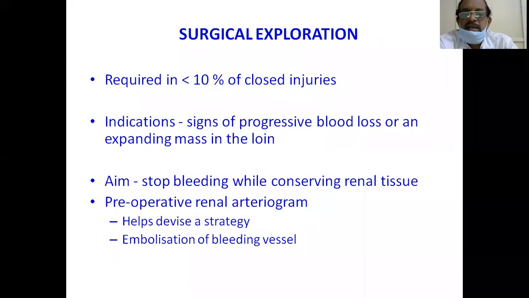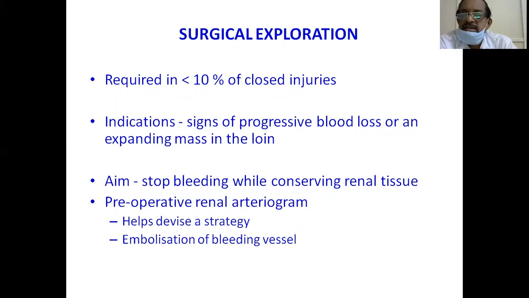Then there is kidney injury. You have established that there is hematuria and confirmed it by investigations. What should you do? Should you explore? Most kidney injuries, closed injuries, are managed conservatively. Blunt abdominal injury with kidney injury, like closed injury, is treated conservatively only.